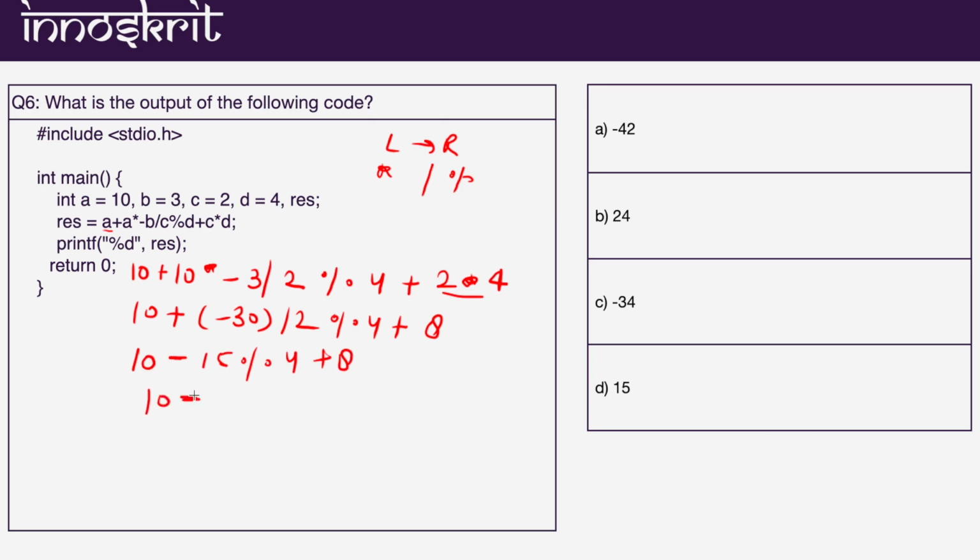When we divide 15 by 4, the modulo will be 3, plus 8. Now simple arithmetic: 10 plus 8 is 18, 18 minus 3 is 15. So the answer should be 15.